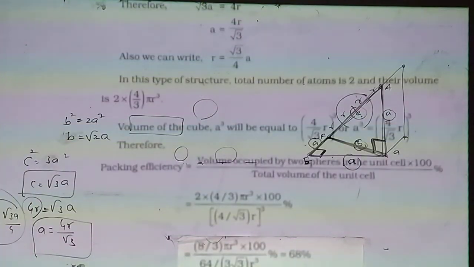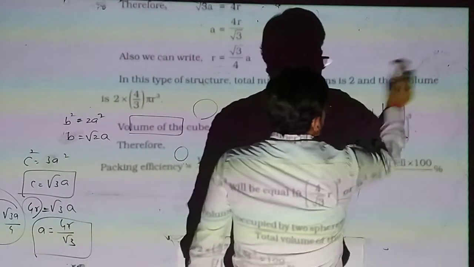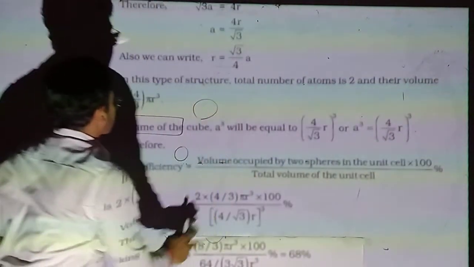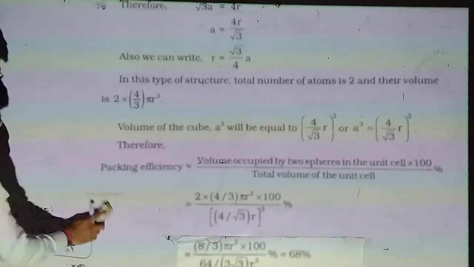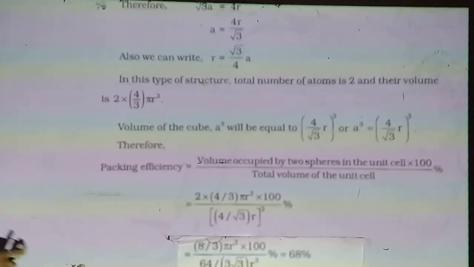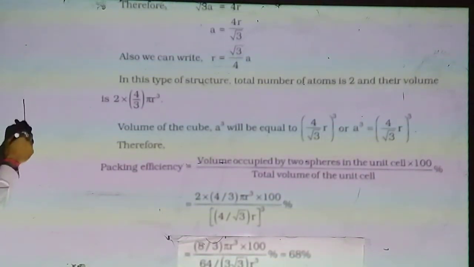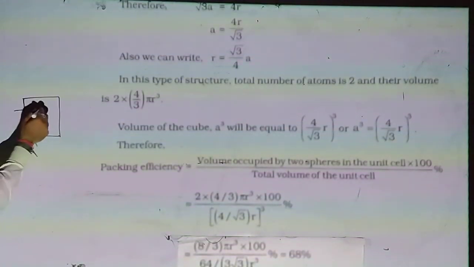In this type of structure, the total number of atoms is 2. In the BCC structure, tell me how many spheres are present.